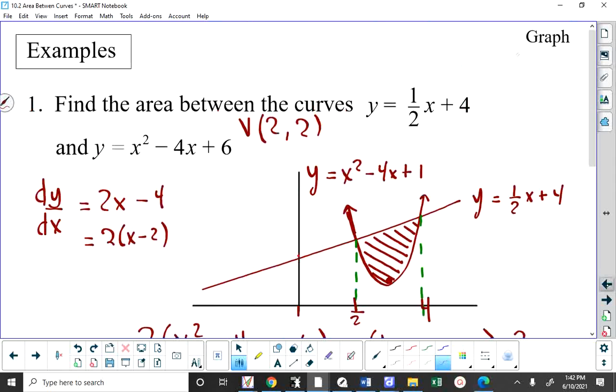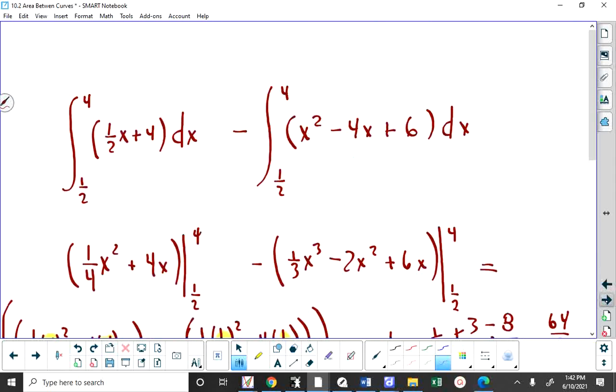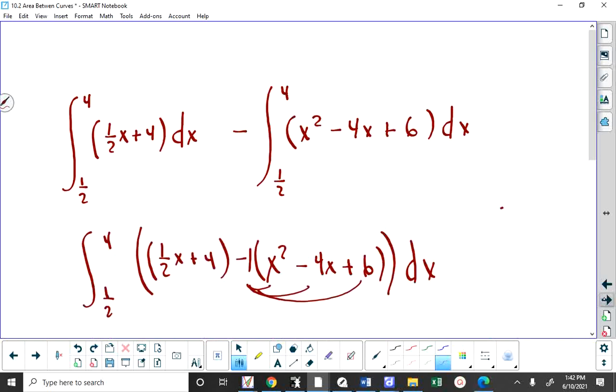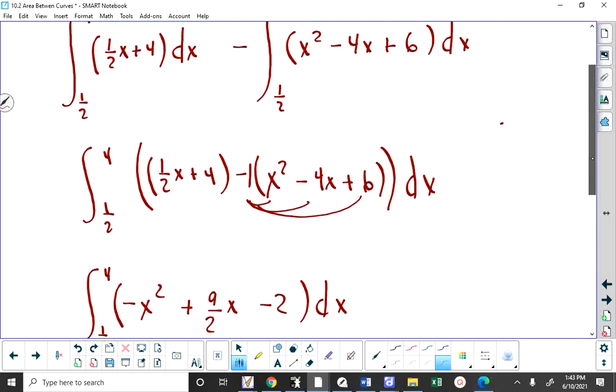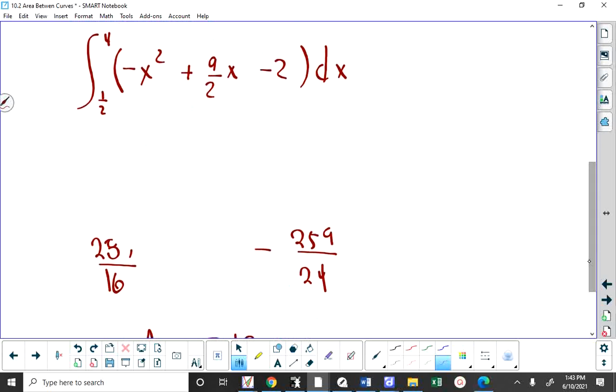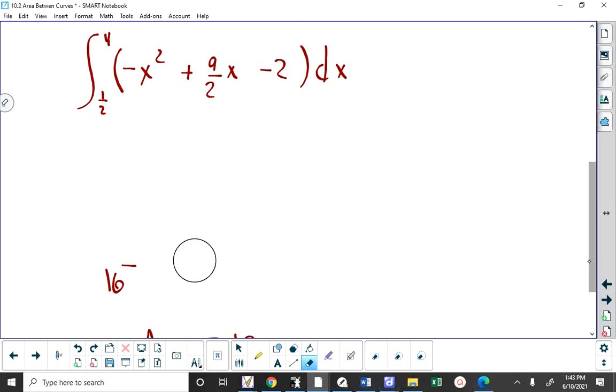Okay. So now I want to go back to my question here. If we subtract this first, I'm just asking you to confirm that we do get negative x squared plus 9/2 x minus 2. Okay, so we're going to anti-differentiate that, and I hope you can see what's about to happen. We're just going to have something minus something.